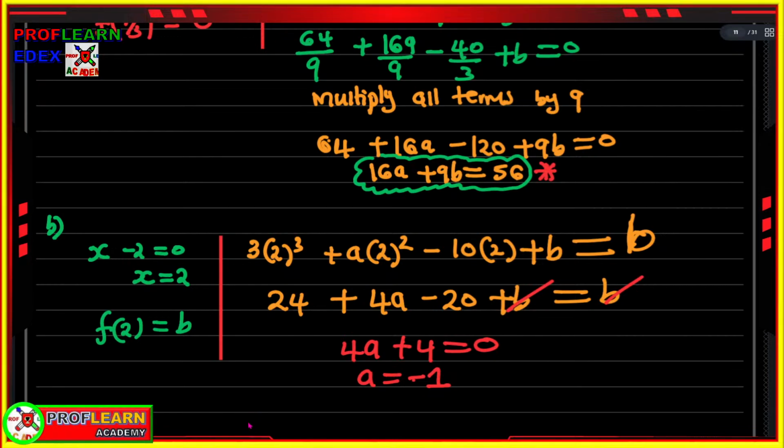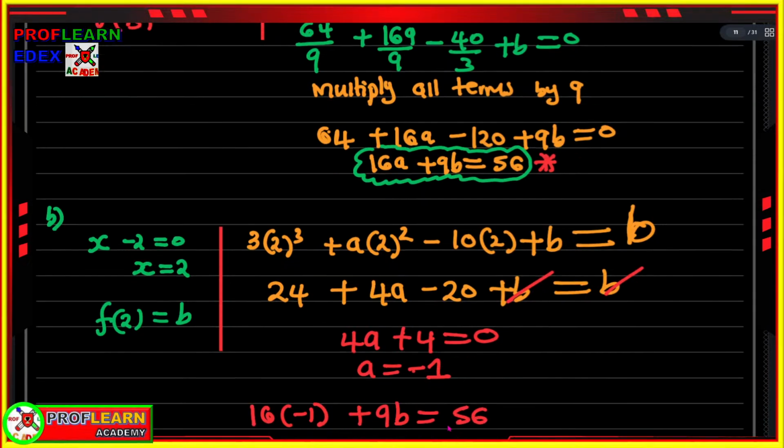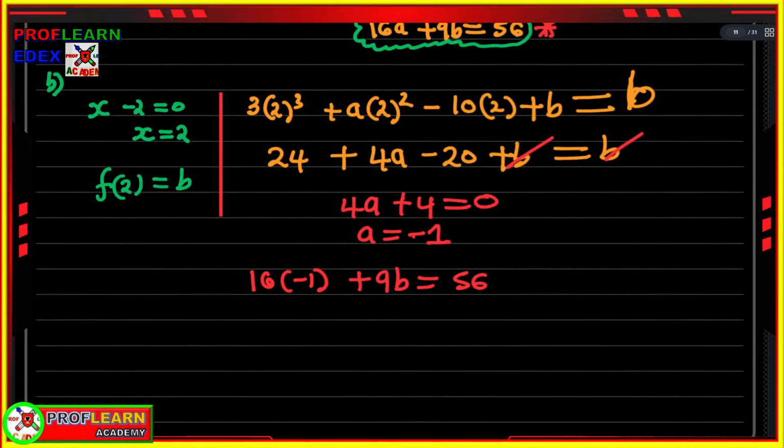We shall say this is 16 into -1 plus 9b is equal to 56, which means that 9b is equal to 56 plus 16.